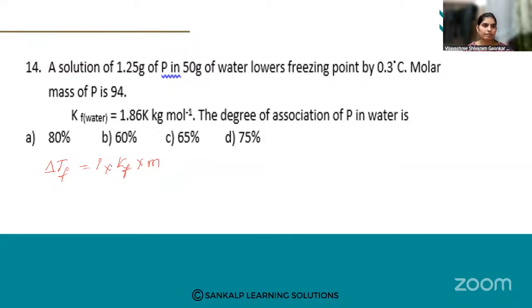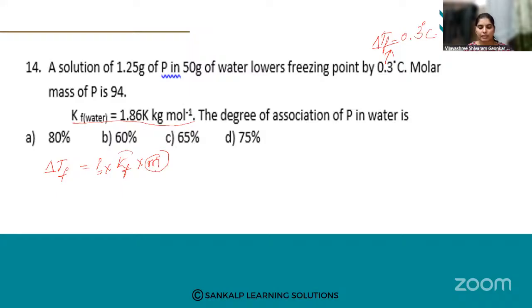Now here Kf is given, right? Kf is given as 1.86 kg per mole. Then delta Tf is given. How much is given? Delta Tf is equal to 0.3 degrees Celsius. Is i given here? No, i is not given. Is molality given? No. Okay, now if we find this out, we can calculate i.